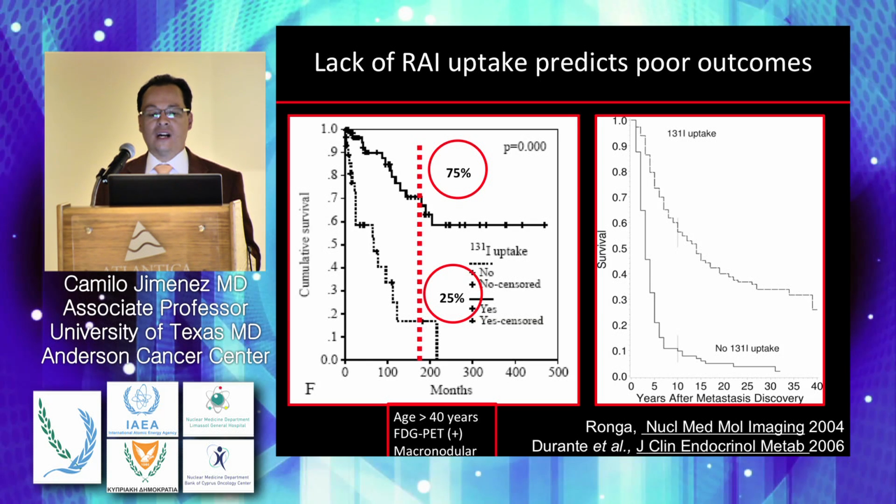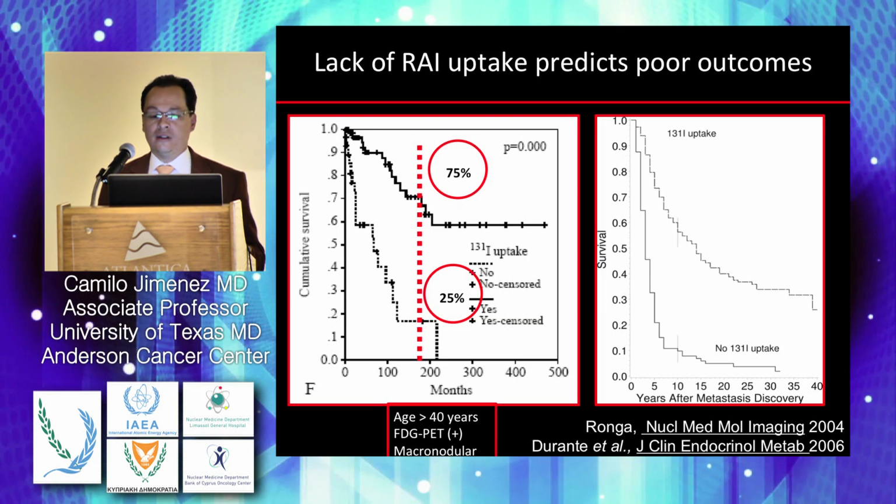If you look at the survival rates of these 2 groups, of course, the patients who exhibit radioactive iodine avidity have a much better survival at 10 years, with overall survival rates of 75%, which are 3 times higher than the ones that we see in patients who didn't have radioactive iodine uptake, in which the survival rates are about 25%, with a pronounced and significant difference between the 2 groups.